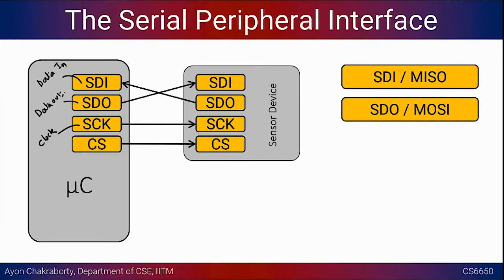If the microcontroller wishes to send data out to the sensing device, to the sensor, let's say it wants to configure certain parameters inside the sensor, it can send data out, and that will be SDI in the case of the sensing device, because it's just the opposite. Whatever data is being sent out will be sent in to the device, and the other way around.